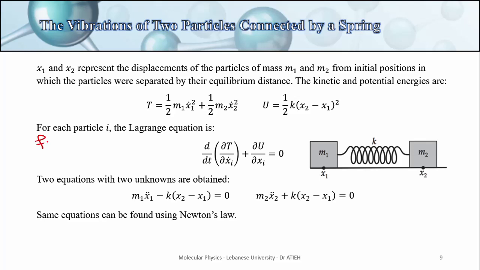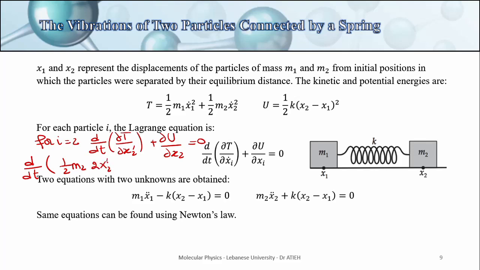Same for particle 2. For i equals 2, d over dt of the partial derivative of the kinetic energy with respect to x2 prime plus the partial derivative of the potential energy with respect to x2 is equal to 0. The derivative of T with respect to x2 prime is simply half m2 times 2 x2 prime, and the partial derivative of U with respect to x2 is half k times 2 (x2 minus x1).